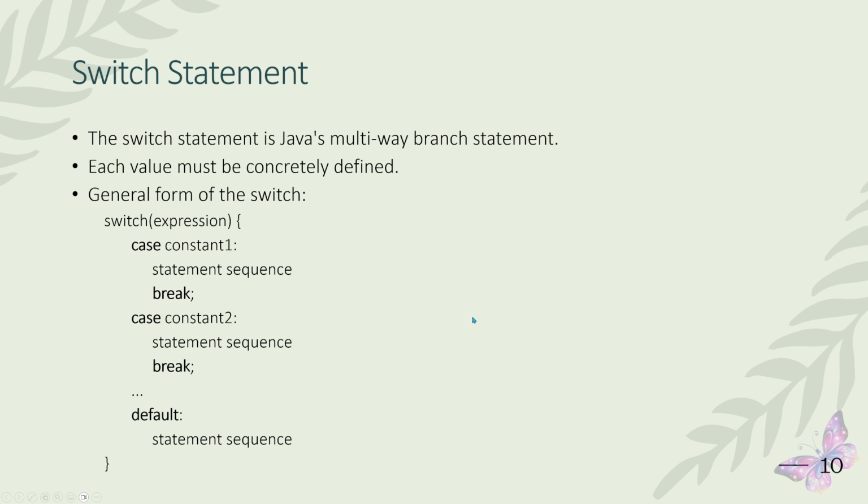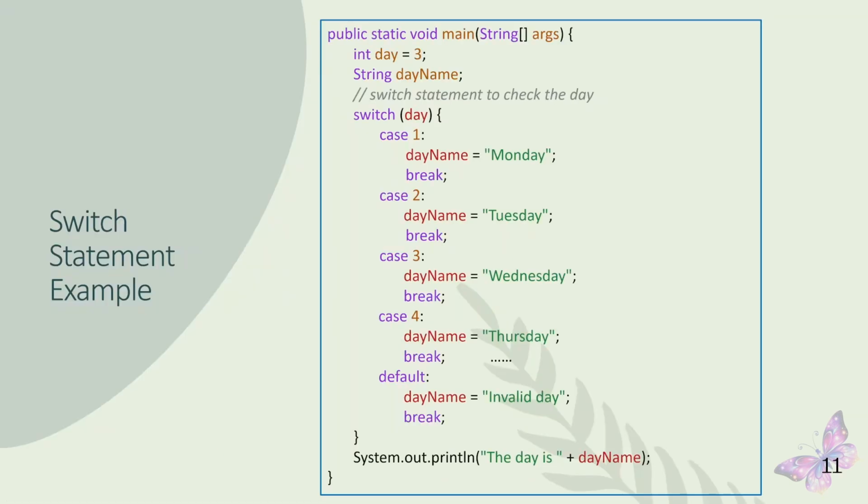So let's see one example. This is a switch example. For example, I want to see the third day. We have 7 days in a week, and you can represent these 7 days as a switch.